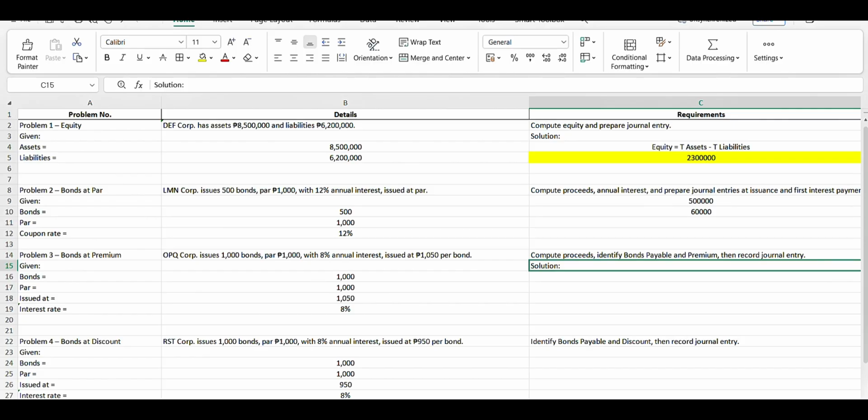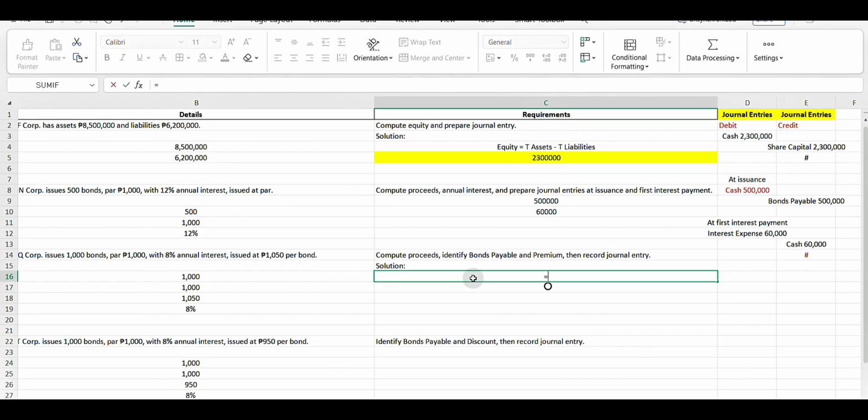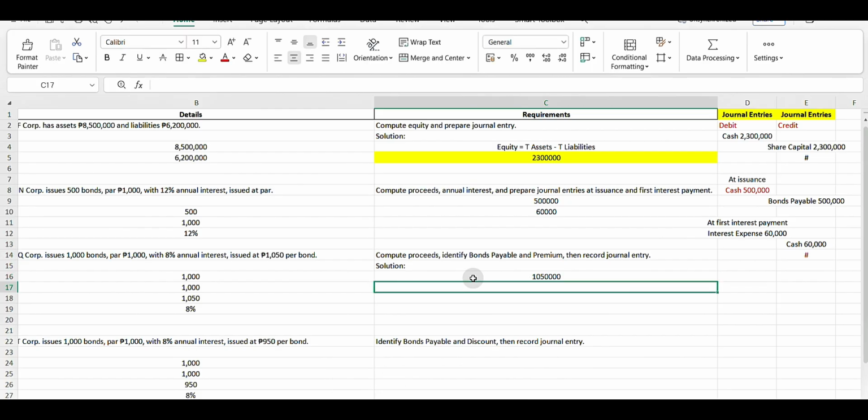Now let's start to compute for the proceeds. Don't forget the formula. That is the total number of bonds, and in this given, that is 1,000 multiplied by the issue price per bond, and that is 1,050 pesos. And the answer is 1,050,000 pesos.